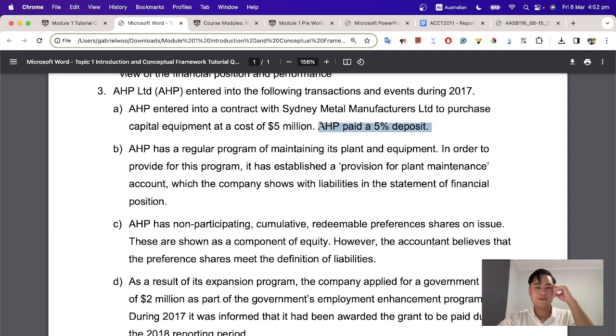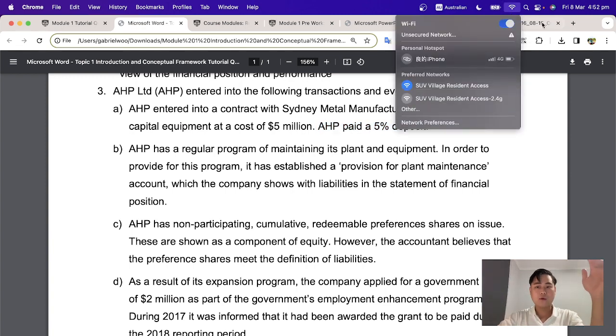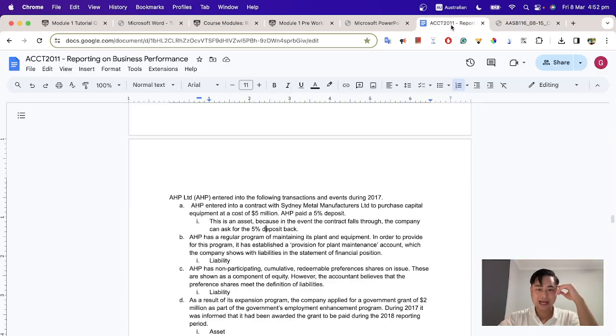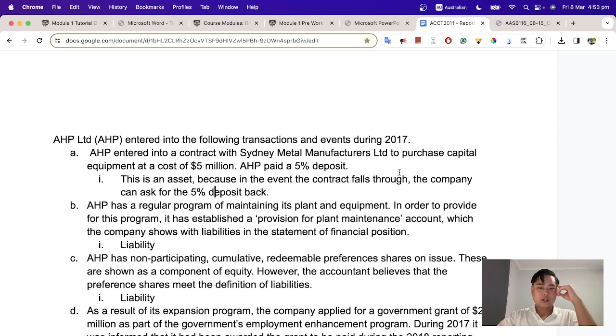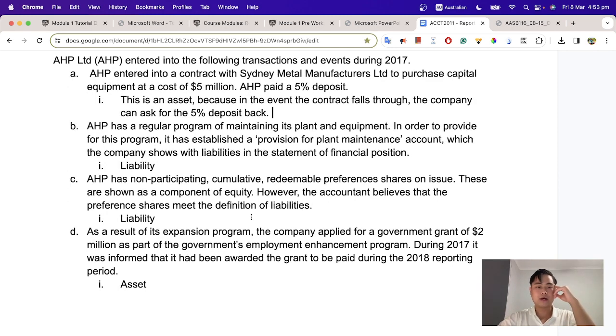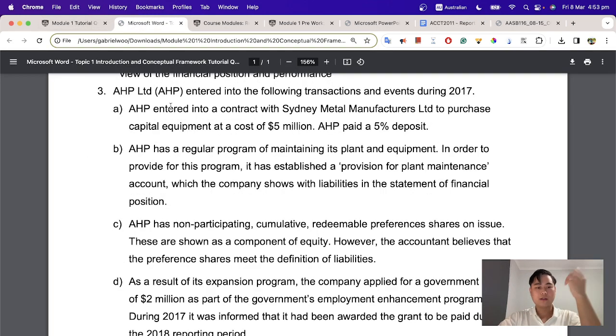What is this deposit of 5%? That is an asset. Why is it an asset? Let's look at the definition. Under the contract, it is an asset because in the event the contract fails, the company could ask for the 5% deposit back. Okay, so that's the first one.